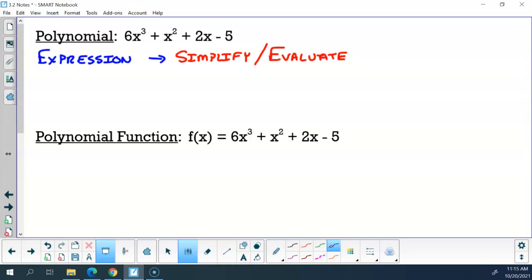Okay? So, a polynomial function, then, is an equation. What can we do with an equation? What other things? The things that we can do to an expression? Okay, so let's start there. So we can simplify it. We can evaluate it.